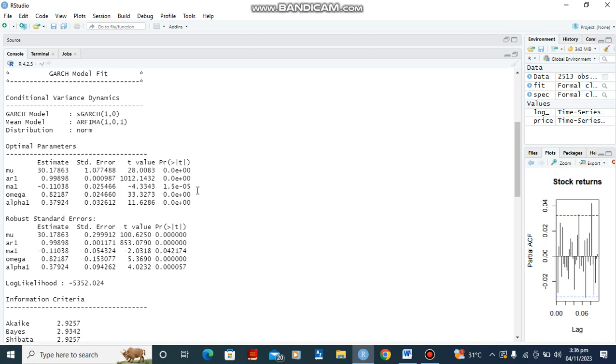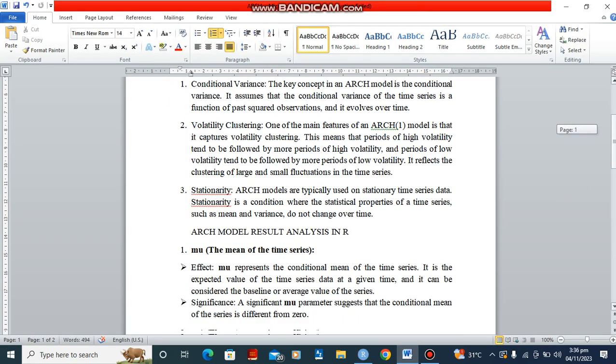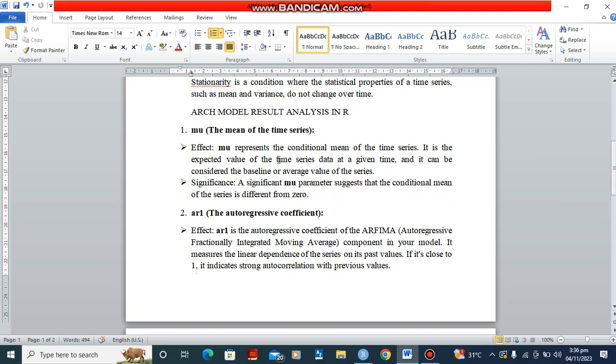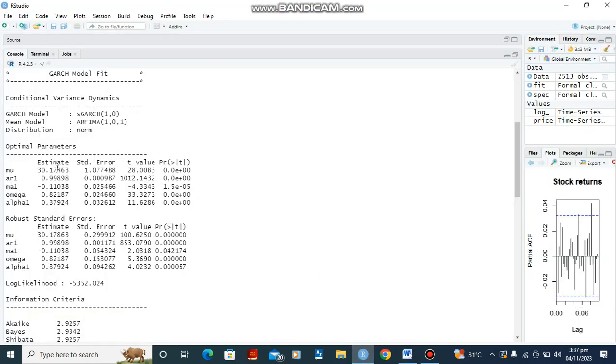We said mu represents the conditional mean, and when it's significant, it suggests that the conditional mean of the series is different from 0. From here, we can see the estimate, which is different from 0.